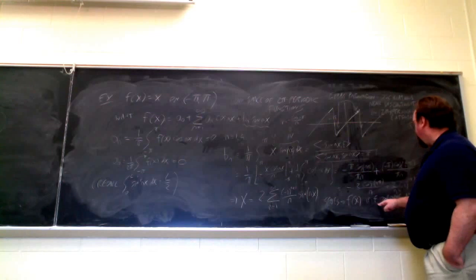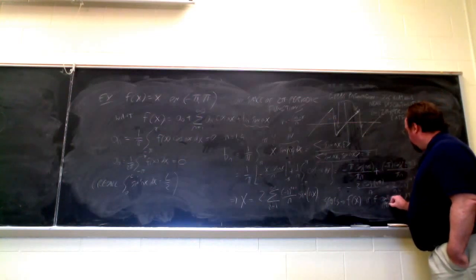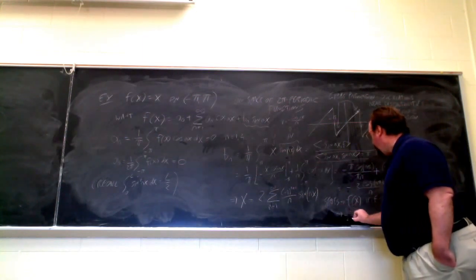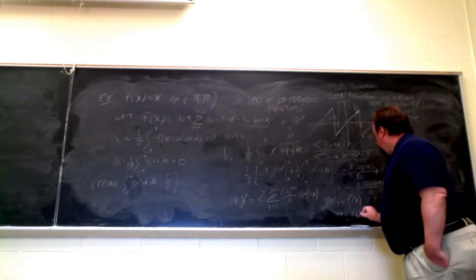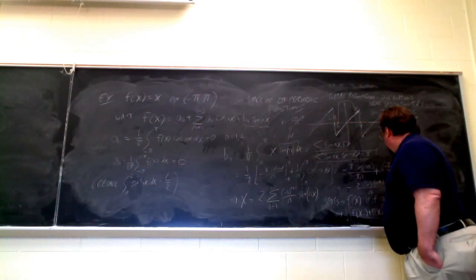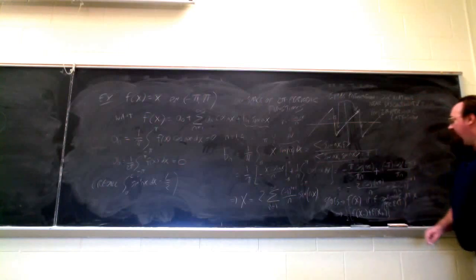Or I should say its periodic extension is continuous at that point. Otherwise, it converges to 1/2 the sum of the left-hand limit of f and the right-hand limit of f.